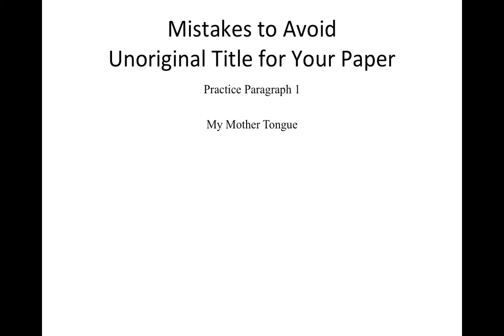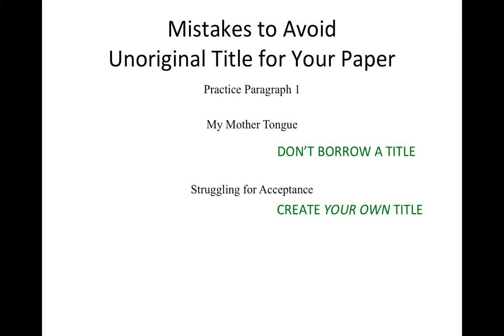Those titles are already taken. Don't borrow a title. Get your own title. Maybe something like Struggling for Acceptance. I don't know. I'm not going to throw out too many ideas because I don't want to steal whatever you're thinking of. But the main idea is be sure that you create your own title and don't borrow a title from the assignment or from the article.